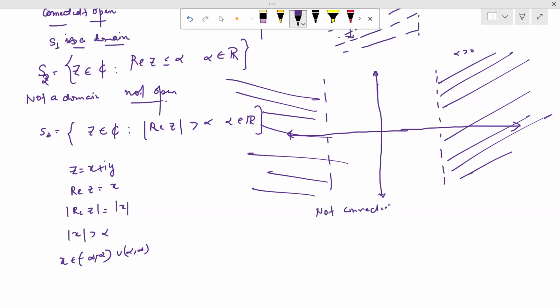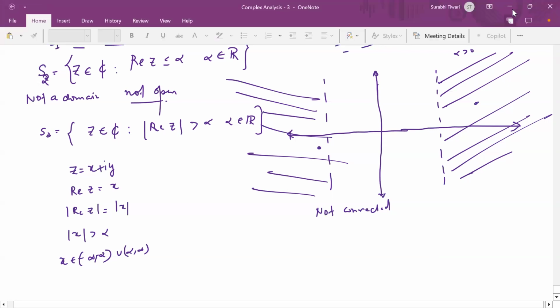You can take any two points, take this point and this point, you cannot join these two points. I hope now it is visually clear.